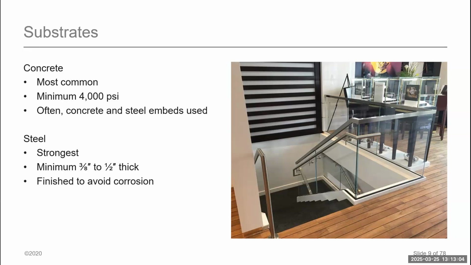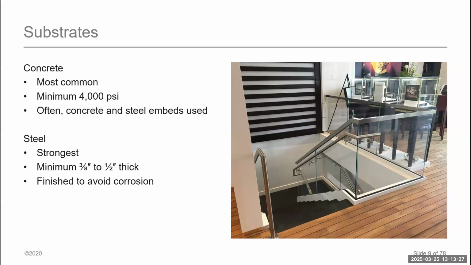We do need to be cognizant of that because it will impact the overall design of the guardrail. Most specifically, when we talk about substrate and a guardrail, we are talking about the anchor, which is going to fasten the guardrail component to the building, to the substrate.